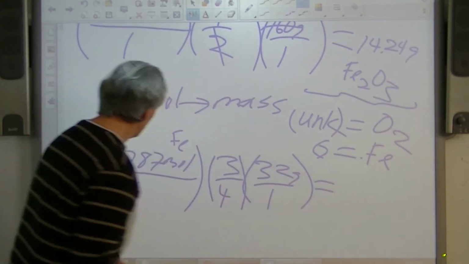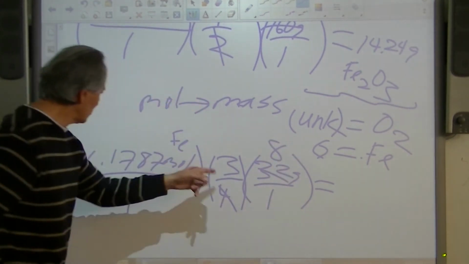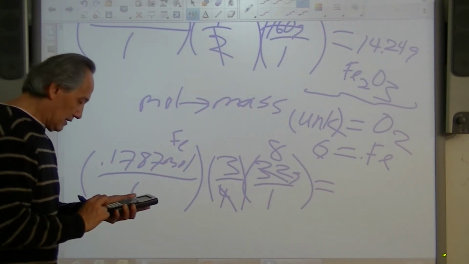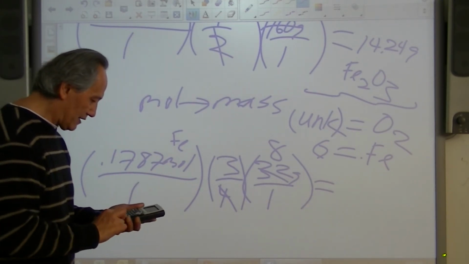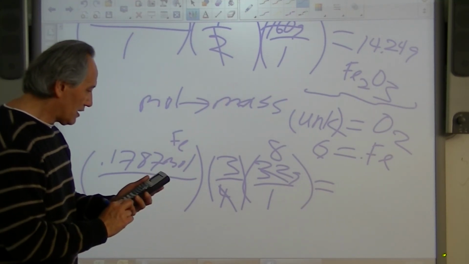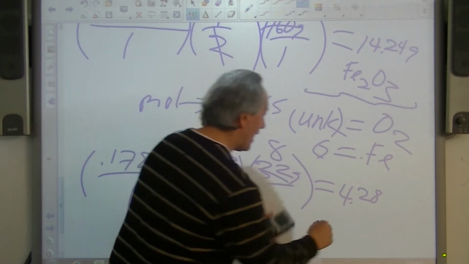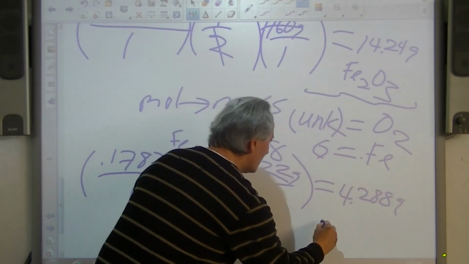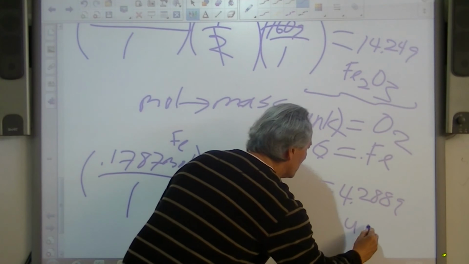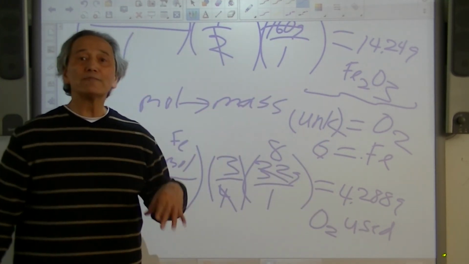Let's see if we can divide here. There's 4, this is 8, so 24 by 17. 0.1787 times 24 gives us 4.288 grams of O2 used. Key point: 4.288 grams of O2 used.